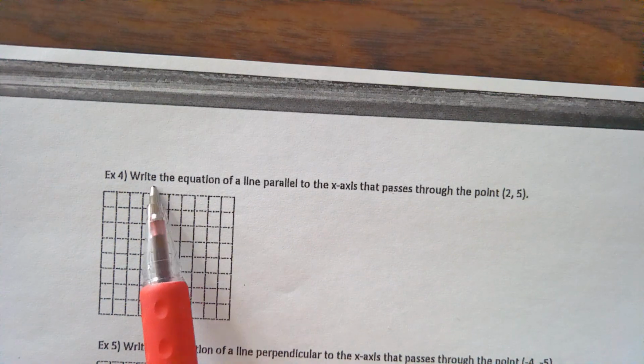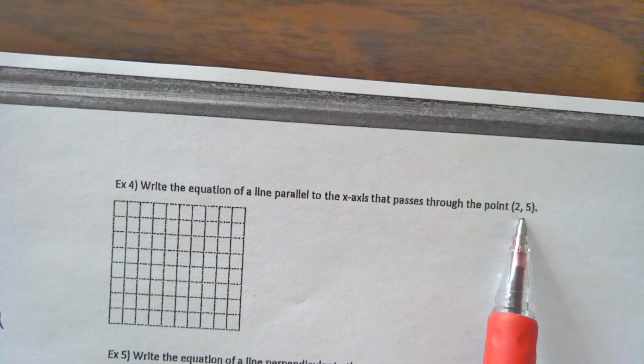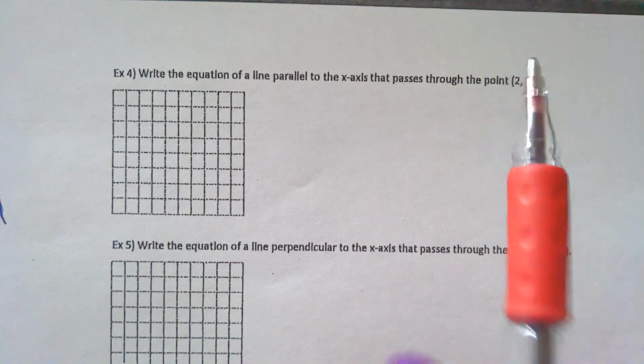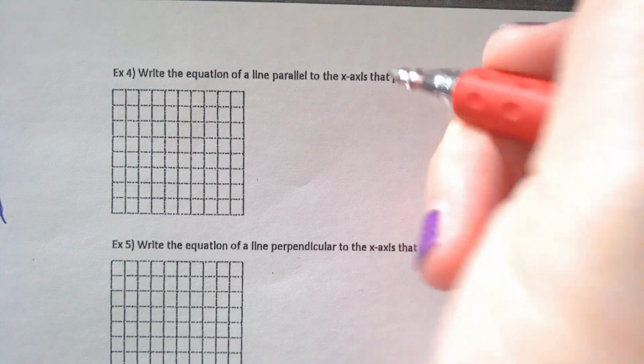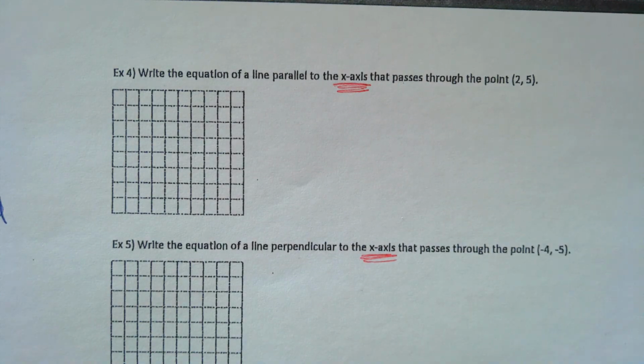What about this one? Write an equation of a line parallel to the x-axis that passes through (2, 5). For these ones where it's parallel and perpendicular to the x-axis or y-axis, the easiest method is to sketch a graph.